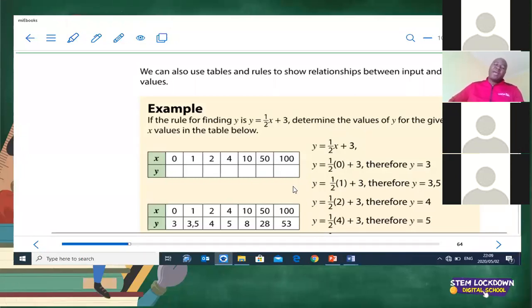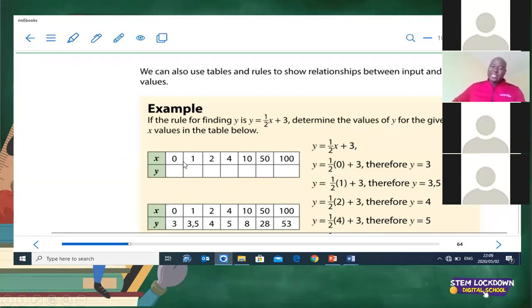Now I'm going to find the values of y. You will use the values of x to find the values of y. The first one is here. You can see that x is 0. x is 0, what will be the value of y? Then we have worked it out as follows. We said, since y is equal to half x plus 3, this is the given equation.